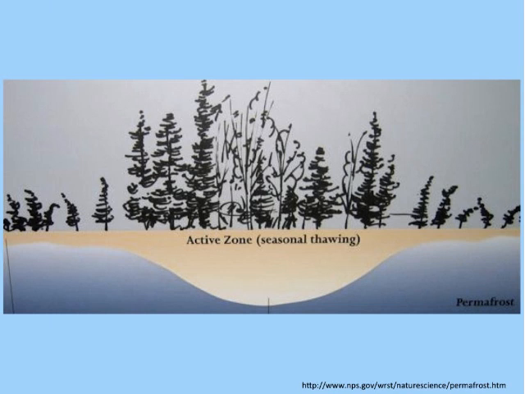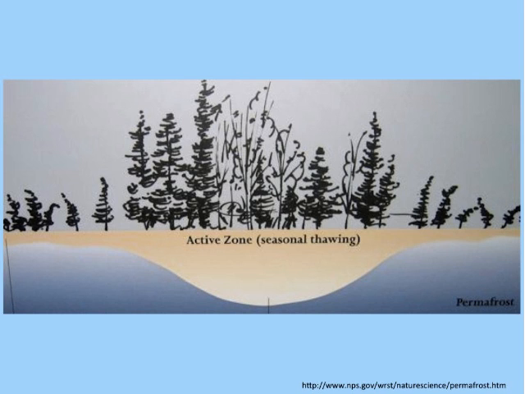So another thing to know about permafrost is part of it, known as the active zone, thaws every season. And that active zone, or that amount that thaws, varies depending on the temperature. And, well, temperature and other components, but primarily temperature. So that ties into the positive feedback loop.